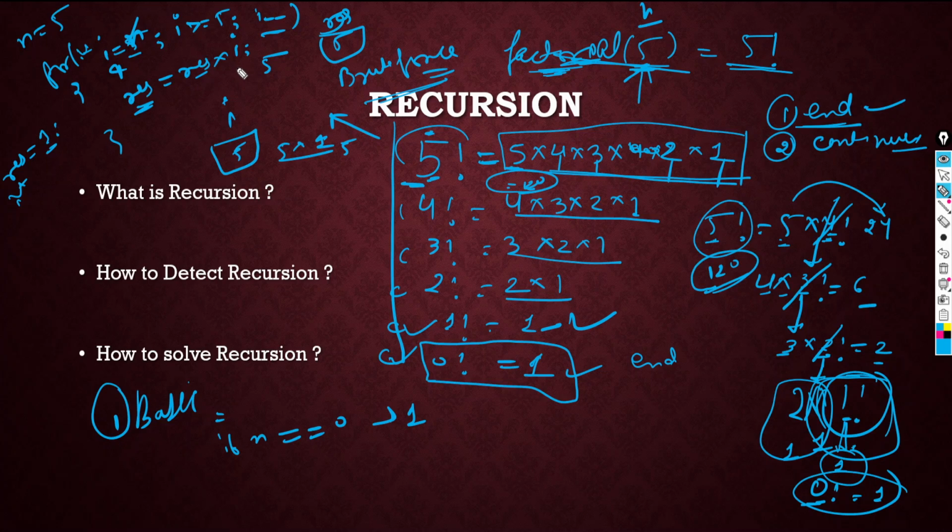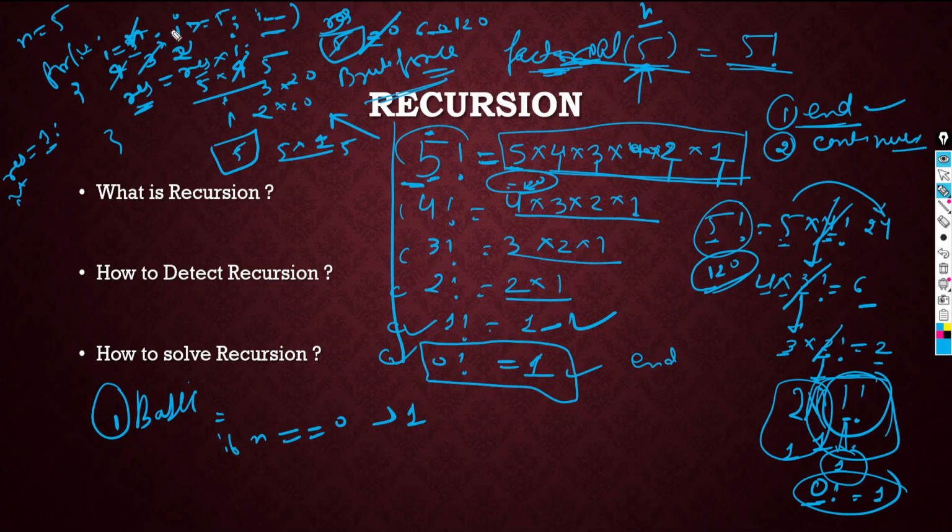For 4, 4 needs to be multiplied into 5. This result has changed into 20. Then 4 will be decremented to 3. It will be 3 into the result value, which is 20. What will it give you? 60. Then again it will be decremented to 2. 2 into 60 is equal to 120.